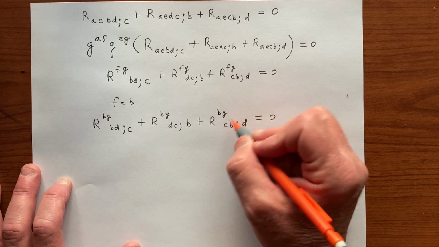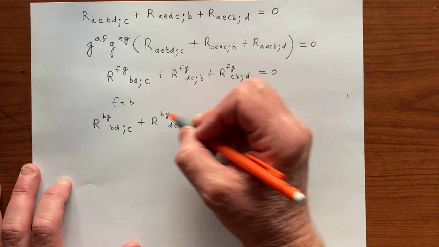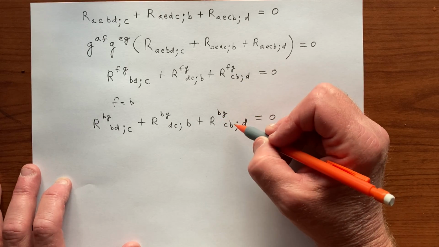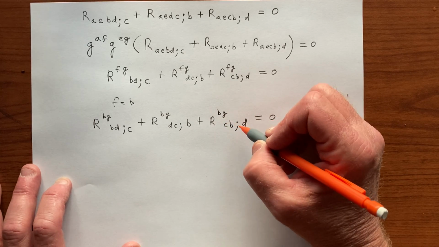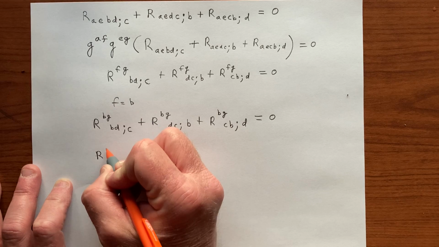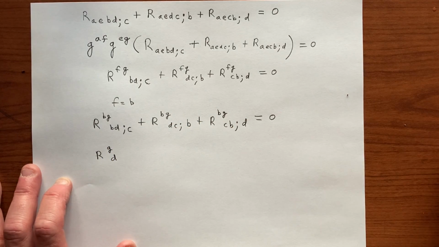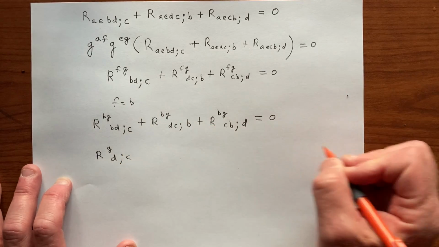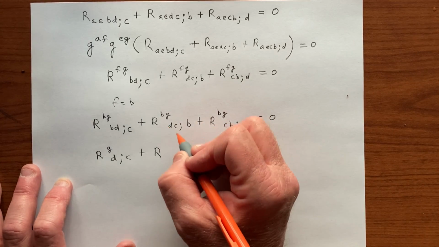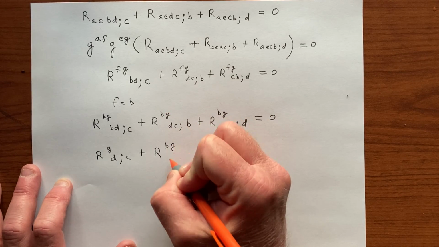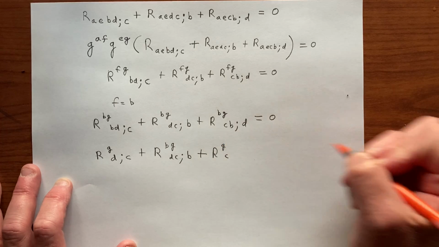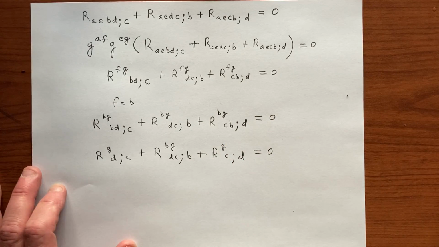But given how we contracted here, we're summing on B here, and given which index this is, there's a minus sign here, so we can write this as minus R^G_D;C plus R^BG_DC;B. Here we can't do anything because the B is over on this side, so R^BG_DC;B plus R^G_C;D is equal to 0.